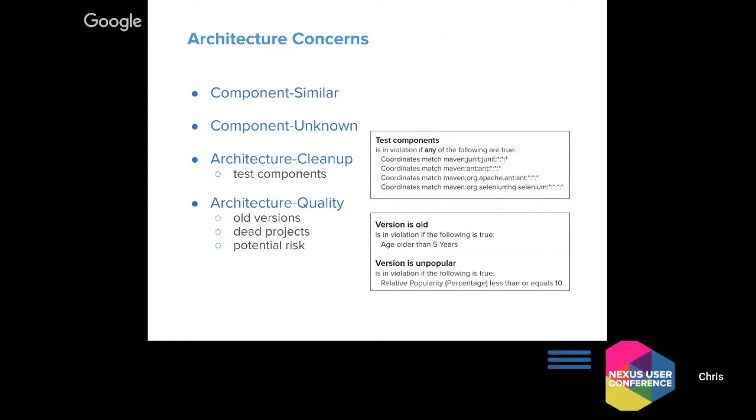So the next architectural concern here is component unknown, which is when we don't recognize enough of the component to be confident in what it actually is, right? As I mentioned, we don't look at source code. Instead, our scanners do a recursive fingerprinting of the binaries and the components inside the application. These are matched to an extensive catalog of open source components, so that we can provide you with a bill of materials.